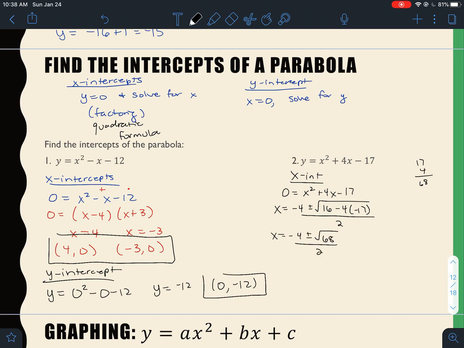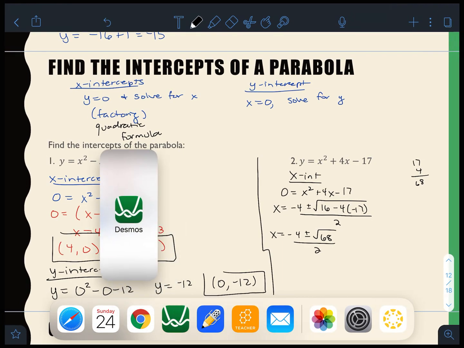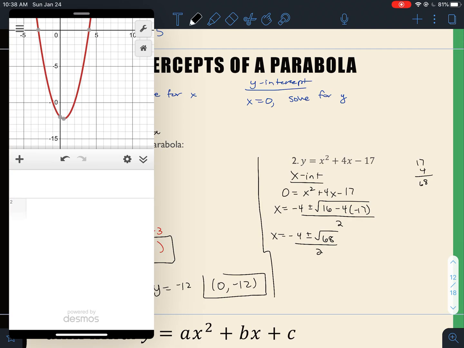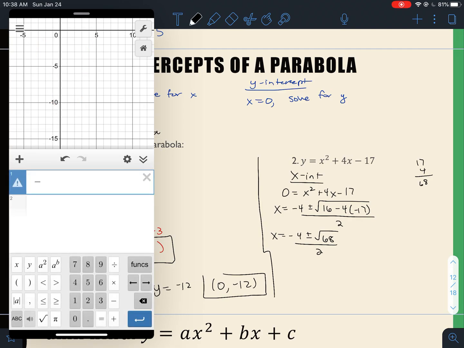And so now we're going to use our calculator to get approximate answers, because I don't know how to graph negative 4 plus square root 68 over 2. So negative 4, plus the square root of 68, and then divide by 2.